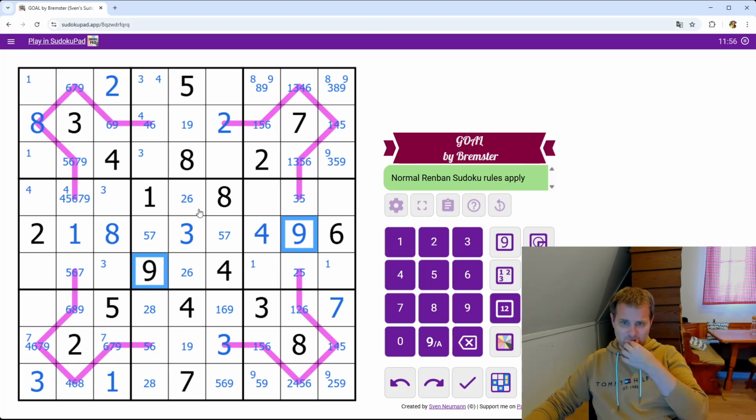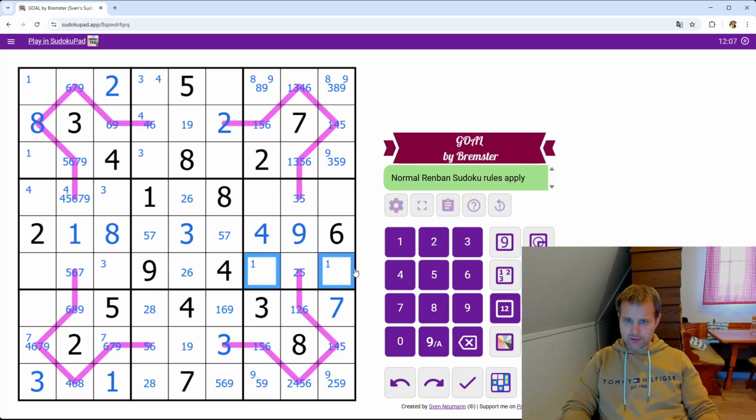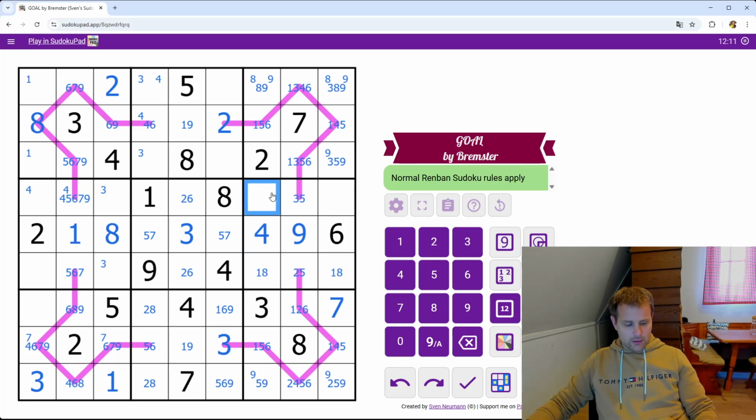Where does the 8 go in this box? It's in one of those two places together with the 1. And the 7 can only go here. So, and this is from 2, 3, 5. This is not 7.